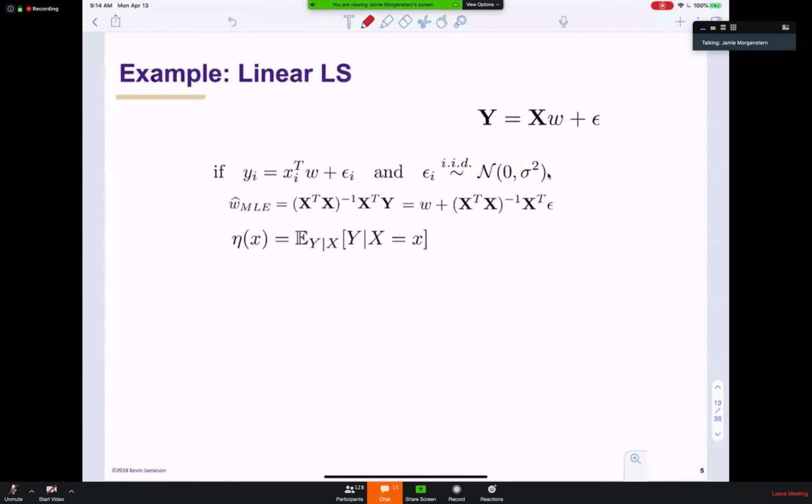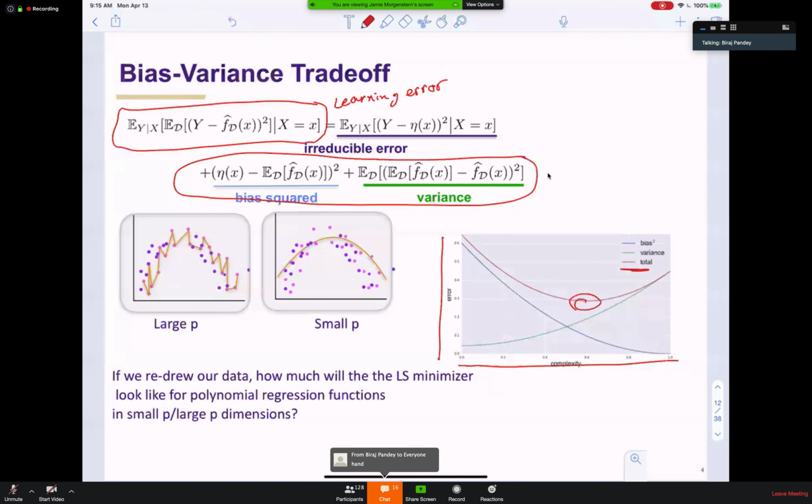Okay, so if we talk about linear least squares, right? And I want to give you a brief example of walking through, oh, I see a hand. Yeah, could you reiterate, I understand the variance part, but could you reiterate how you were interpreting bias? It's not clear to me how you are able to connect the fact that smaller p has larger bias.